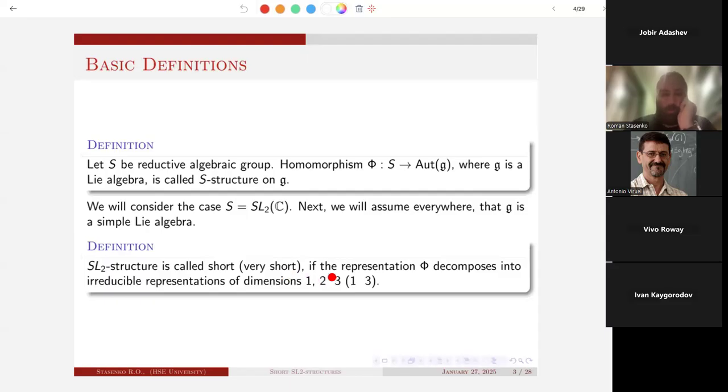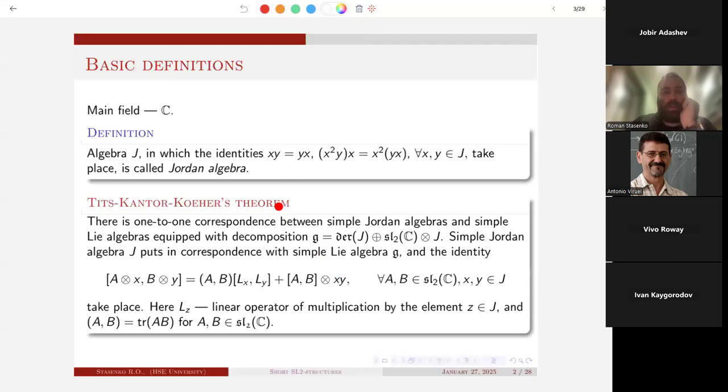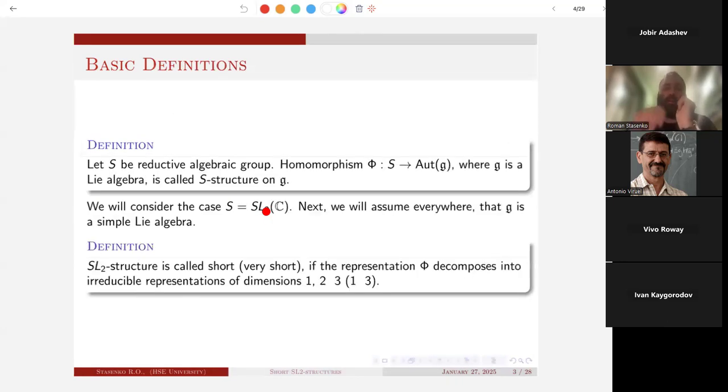So the Tits-Kantor-Koecher theorem tells us about the case of very short SL2 structure on the simple Lie algebra. And we now talk about short SL2 structure. It is interesting that in our definitions, we differ between short SL2 structures and very short SL2 structures.